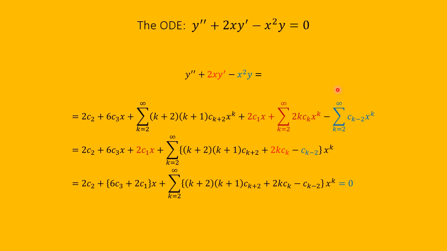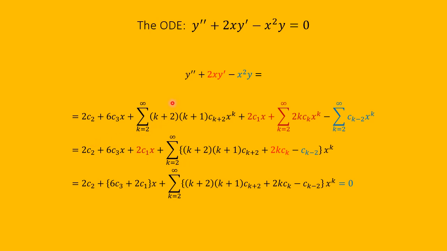Now, let's do a little bit of manipulation on all of this stuff. On this first sum, the k equals 0 term is going to be 2 times 1 times c sub 2 times x to the 0. And so that is just 2 times c sub 2.